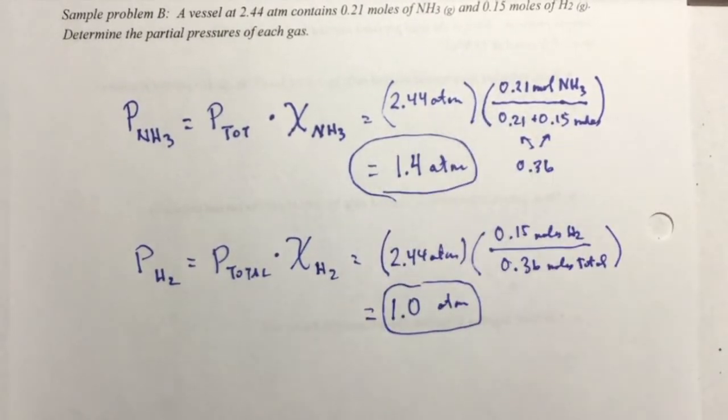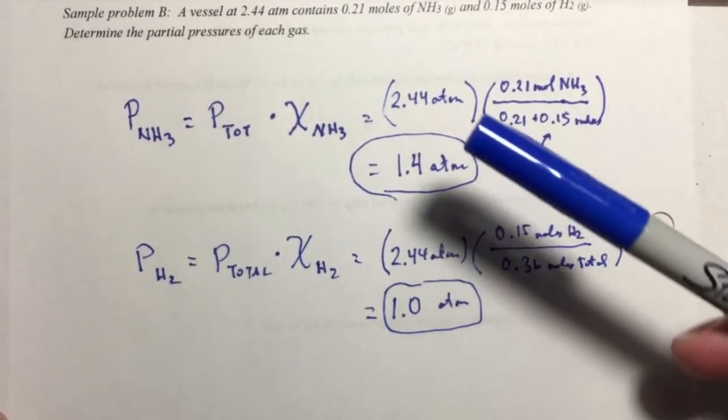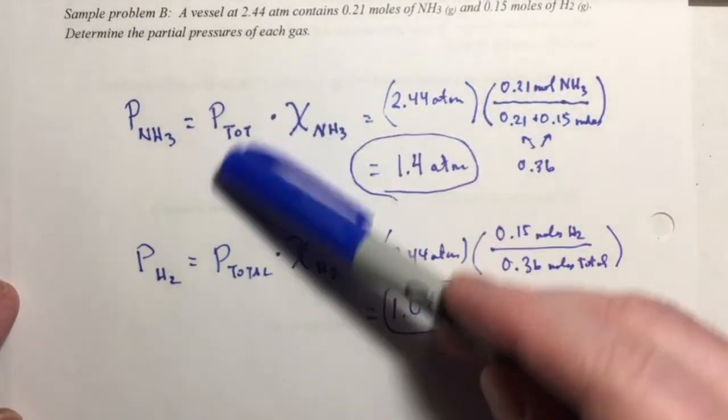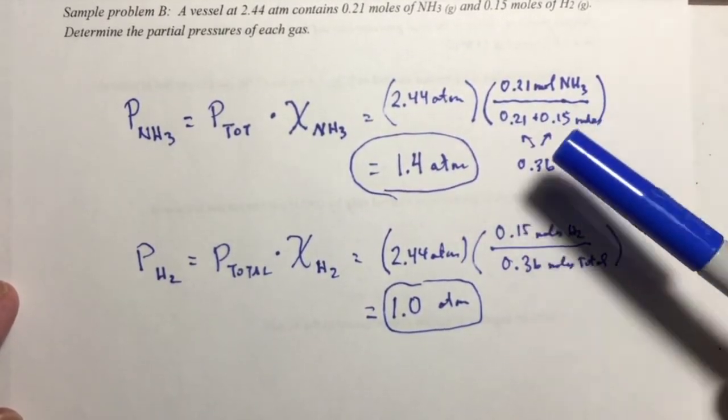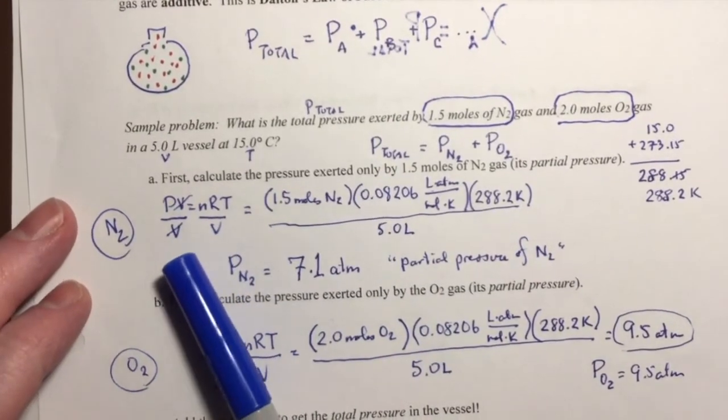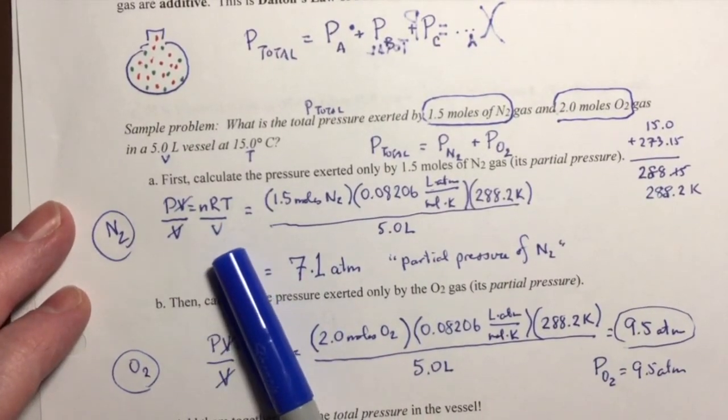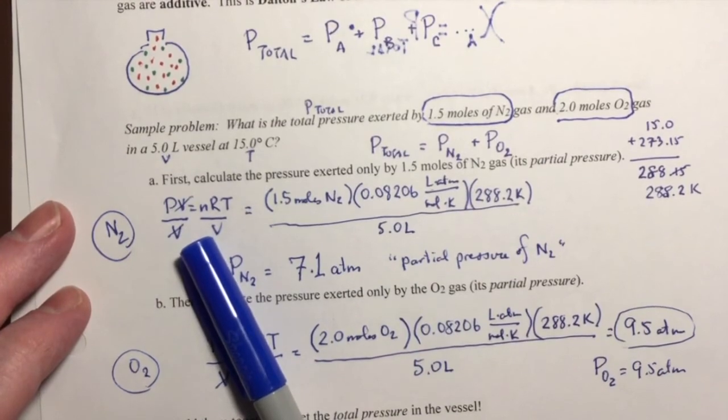Now, why is this useful? Well, you may not know the temperature of a sample of gas. And without the temperature of a sample of gas, you can't use the PV equals nRT equation to calculate a pressure, can you?